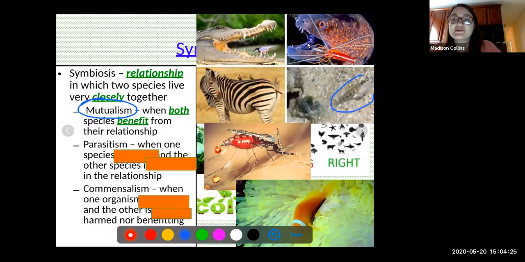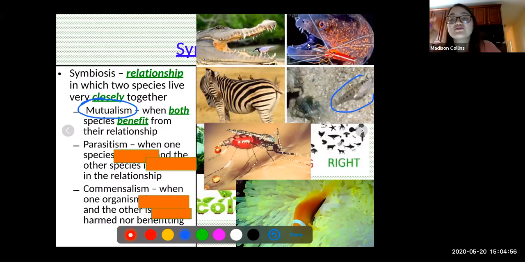So the clownfish is able to live peacefully inside this anemone, and the anemone electrocutes any organism that comes near. So then the clownfish is able to eat that food, and the anemone benefits because it gets clean when that fish brushes up against its tentacles, as well as it increases oxygen flow when that fish is swimming around. So it gets a nice little breezy benefit there.